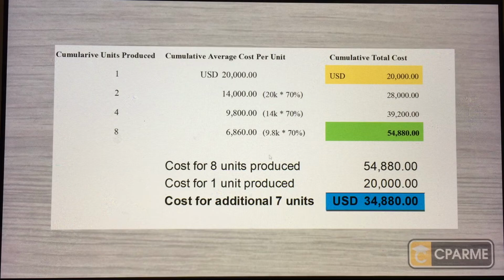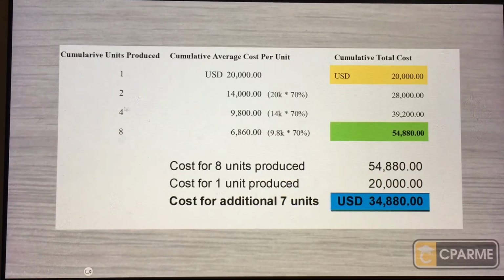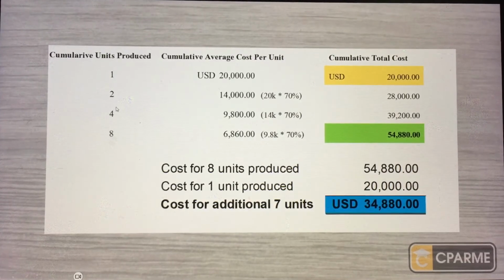So from this illustration, you could easily check the possible questions that might be asked in learning curve, because the learning curve questions only revolve around these. How much will be the cumulative average, or the cumulative total cost, or the additional cost for certain units produced, or the gaps I mentioned earlier, between 4 to 8, or maybe between 2 to 4.